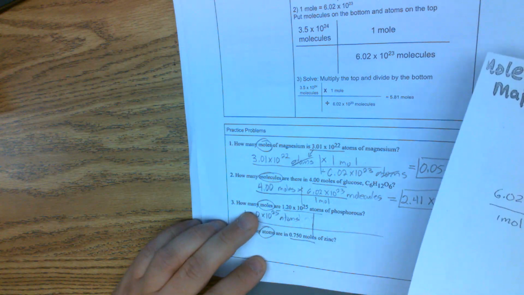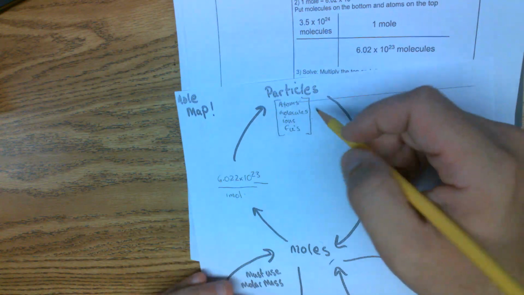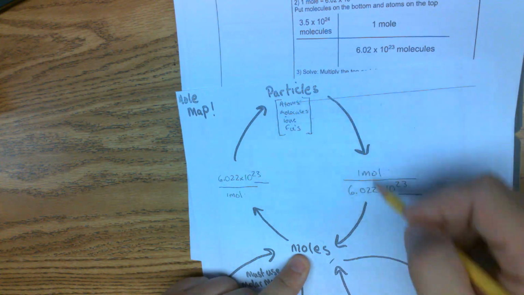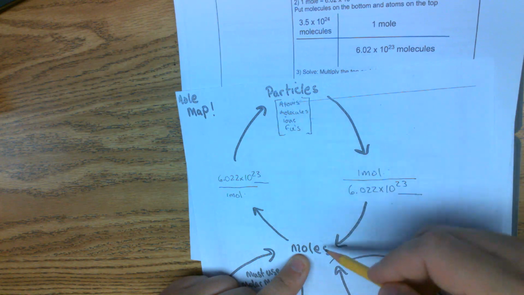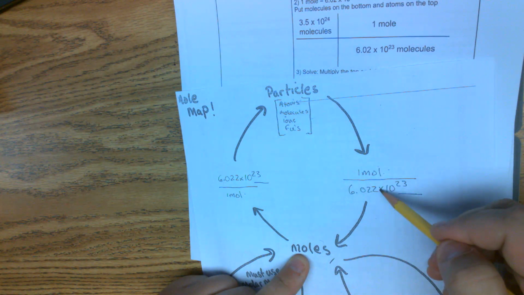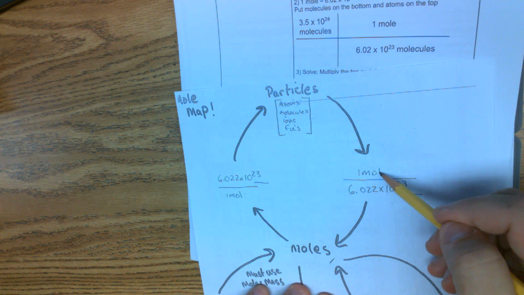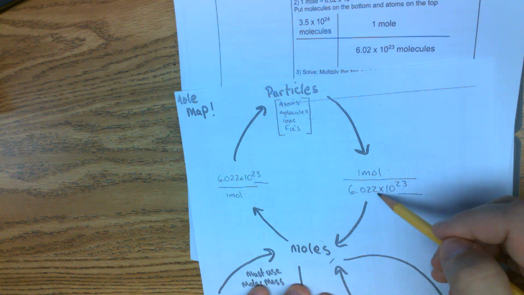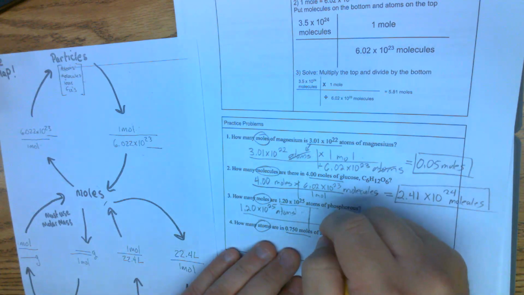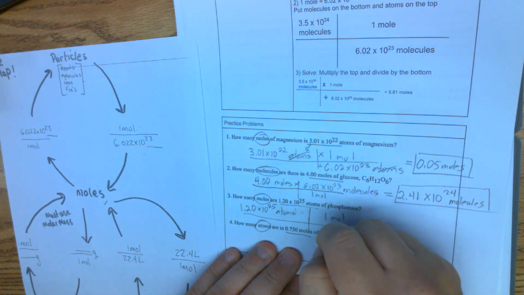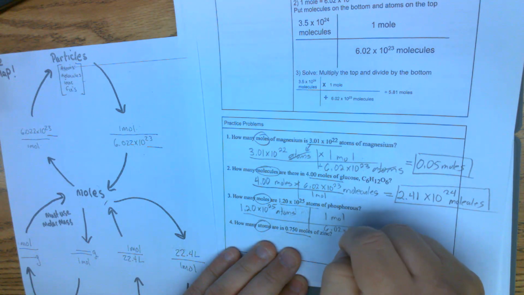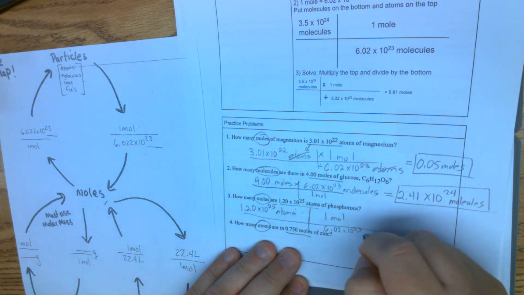We're starting at atoms and we're going to moles. So atoms to moles, we're going to follow this one here. Atoms to moles, we have 1 mole on top and then Avogadro's number on the bottom. So 1 mole over 6.02 times 10 to the 23rd atoms.